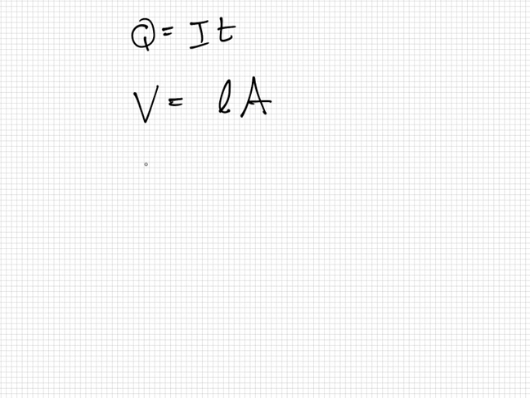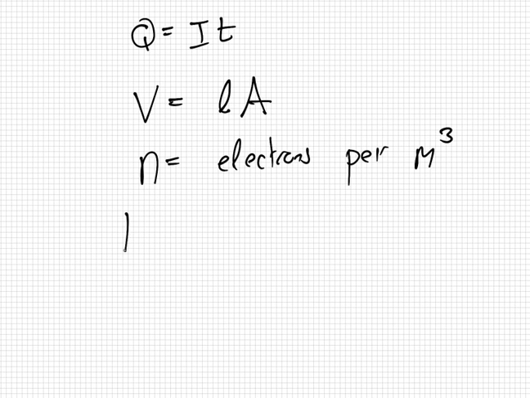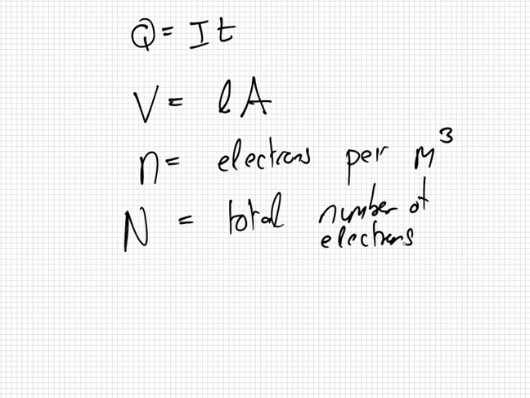And remember we also talked about how many electrons we had per meter cubed. So I'll call that n, the electrons per meter cubed. So that means big N, which is the total number of electrons, will equal V multiplied by n.